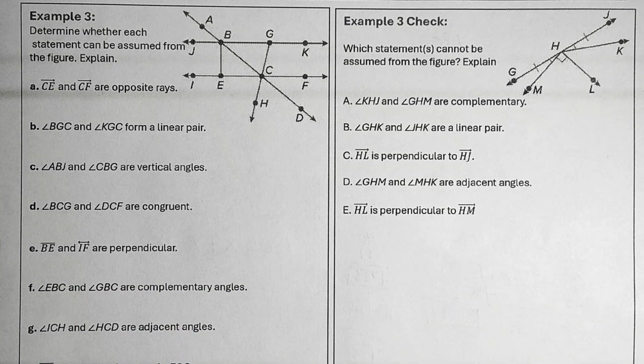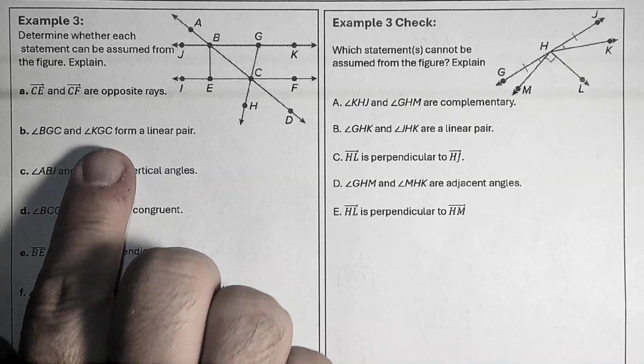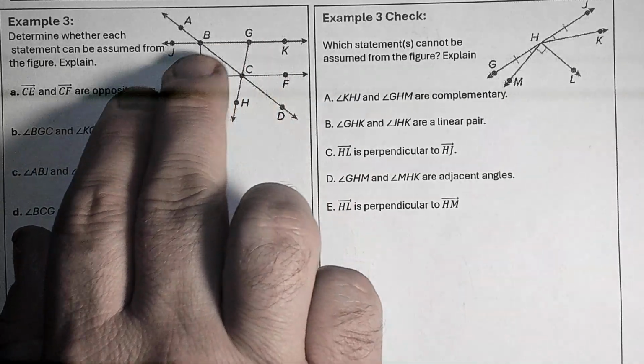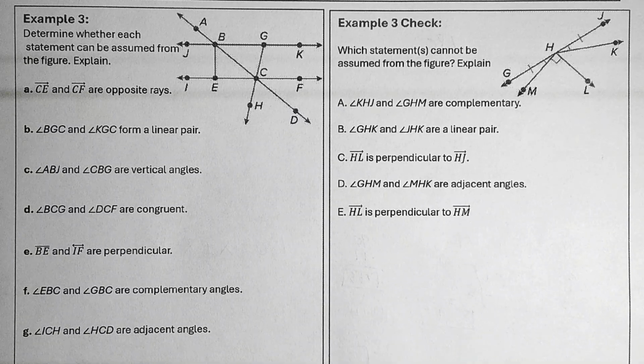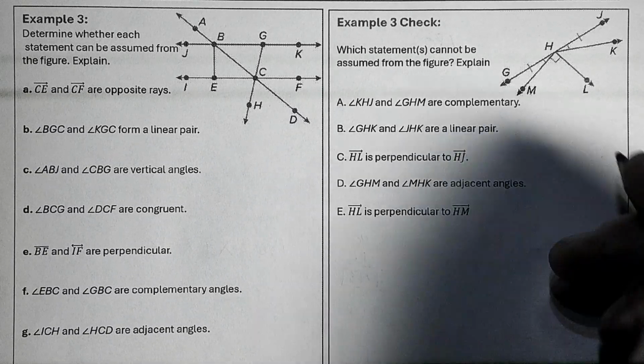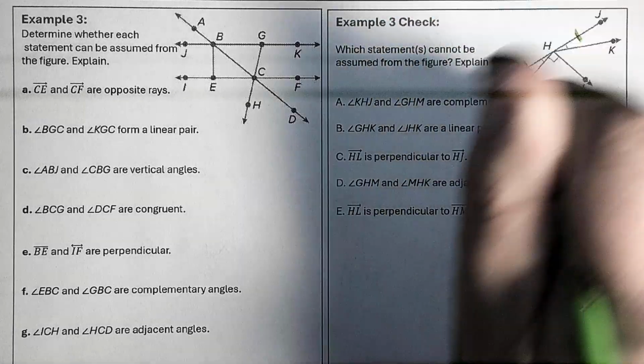Coming down a little bit. So example 3 on the left I'm going to do, and the check on the right you guys are going to do. Now, before I go here, because this is all assumed, we have no marks. But over here you guys are going to have congruent marks here and here. We're going to make those green.